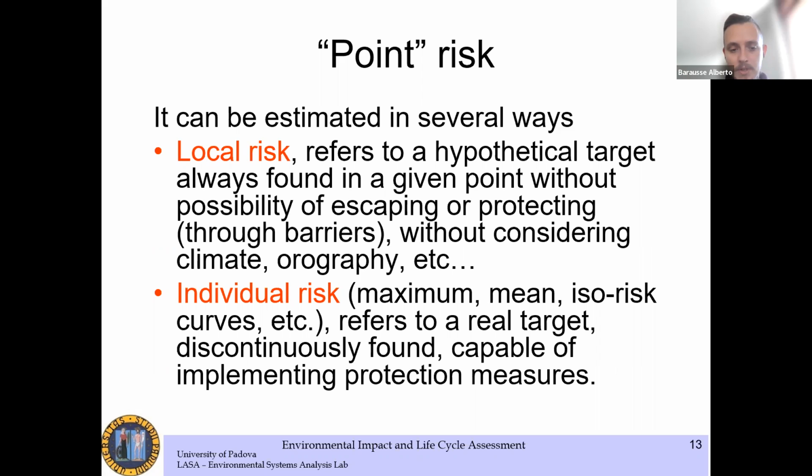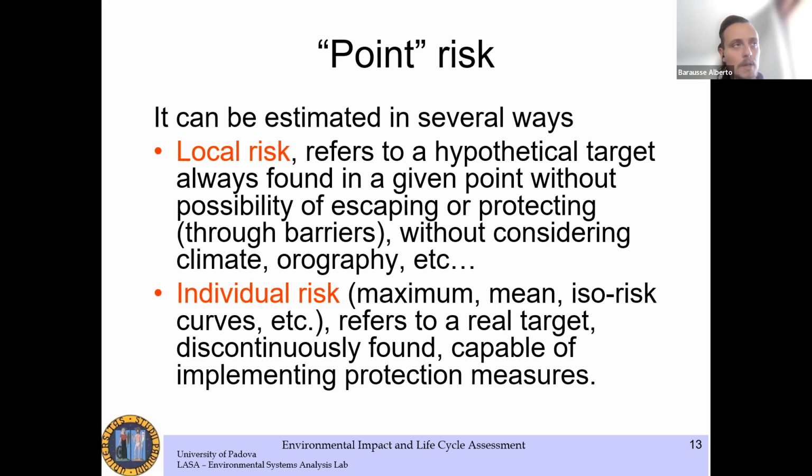While individual risk takes into account the specificities of individuals, such as, let's make an example. Think about air quality in Padova. You know that the Po River floodplain, the Padana plain, is one of the most polluted areas in Europe because of its particular weather condition, and also because of the high density of human activities in it.